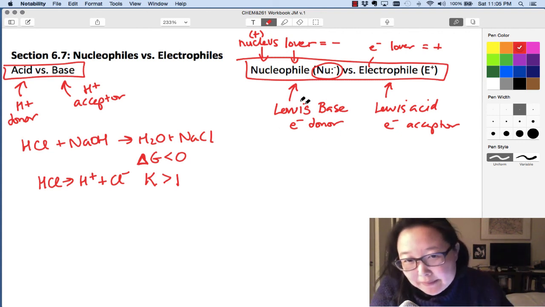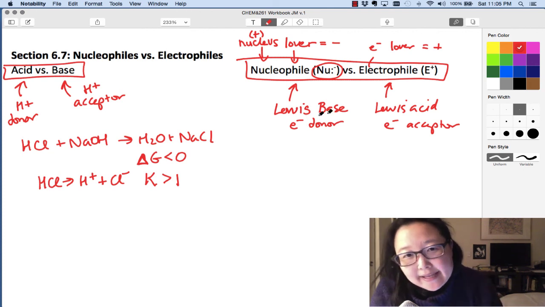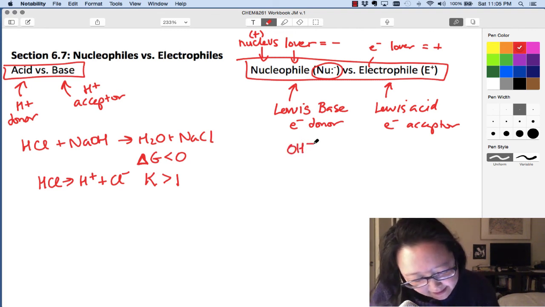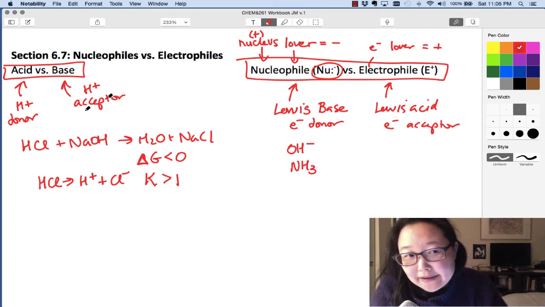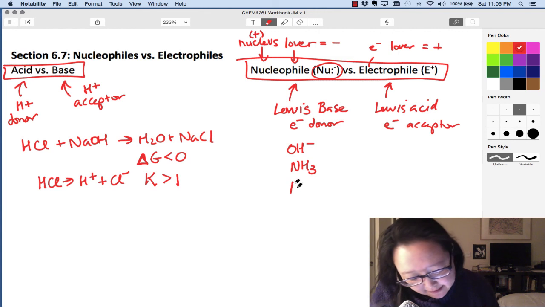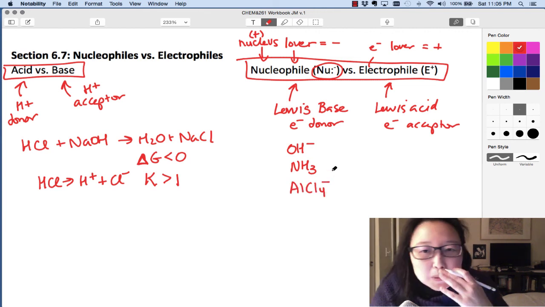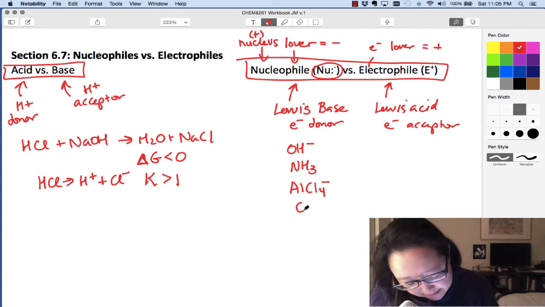So some common Lewis bases are any kind of base. A Lewis base can be hydroxide, a Lewis base can be ammonia, so the same types of Bronsted-Lowry acid-bases we had before. But you might also see things like aluminum tetrachloride, or you might start to see carbon anions like this.